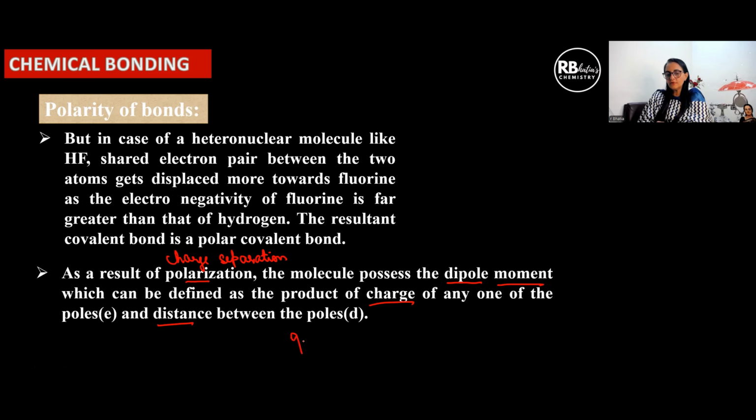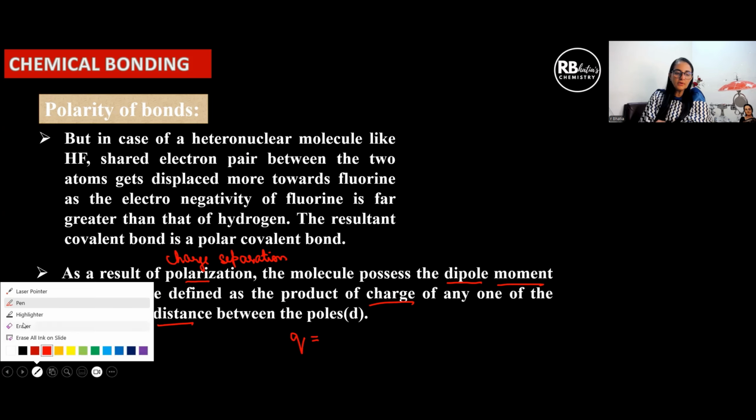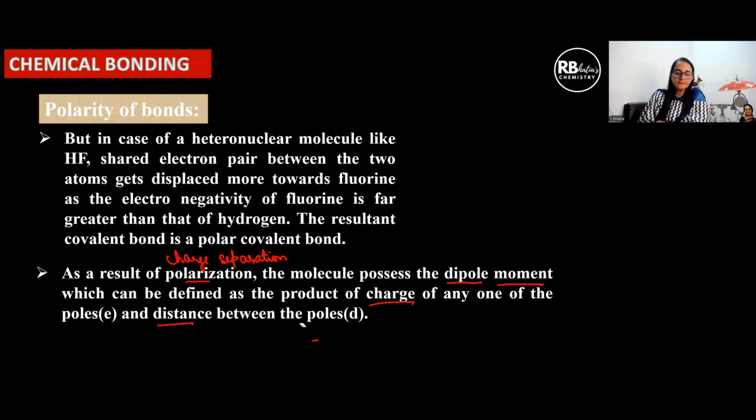Or in other words, we say mu is equal to Q into D. The formula goes as mu is equal to Q into D. This charge is Q and this distance is D.